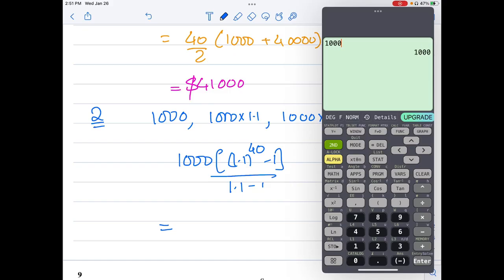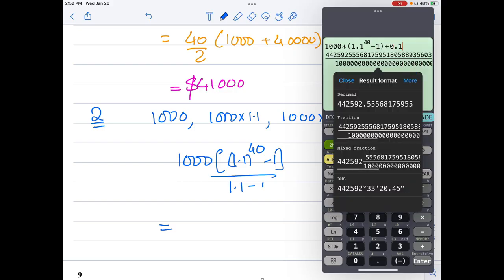1000 times 1.1 to the power of 40. So I will be taking 1.1 to the power of 40, then minus 1, I close the bracket, and divided by 1.1 minus 1 is nothing but 0.1.